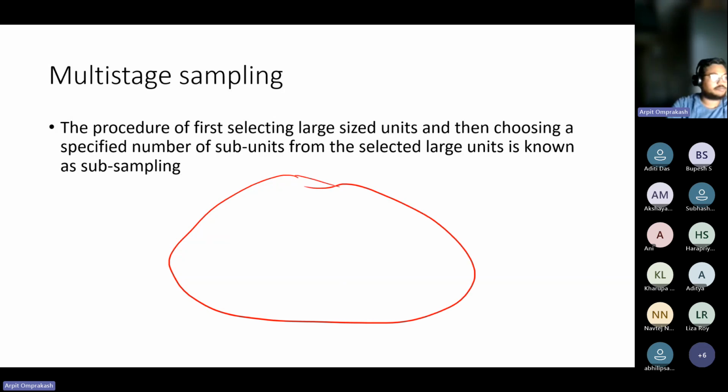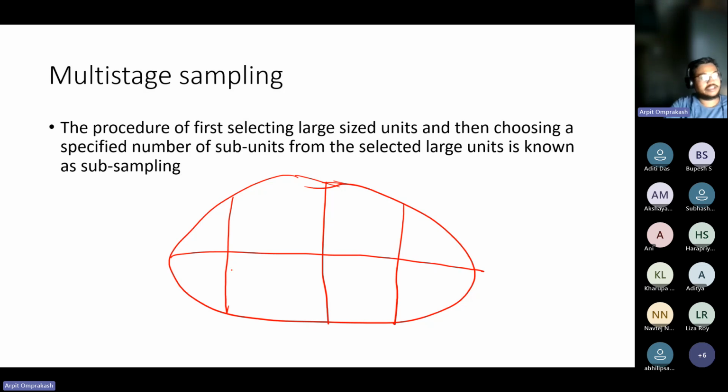So, for example, if the area we are trying to estimate the population of animals is quite large, then we can broadly divide the area first like this into, let's say, 8 segments. Then we randomly pick the second segment and the 7th segment.